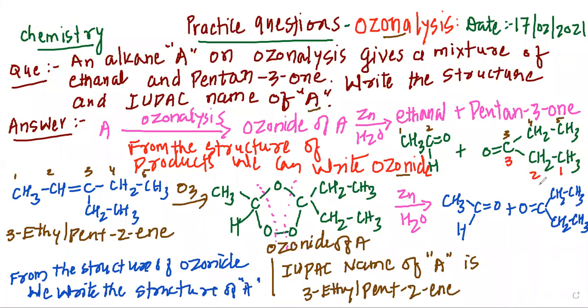On the third carbon, we have an ethyl group. Thus the structure of A is CH3-CH=C(CH2CH3)-CH2-CH3, with an ethyl group on the third carbon, and finally the structure of A is 3-ethylpent-2-ene. So it's quite easy for you, my dear students, to understand this.